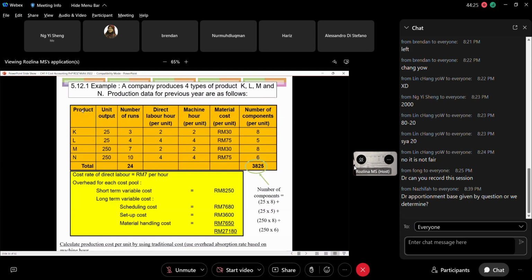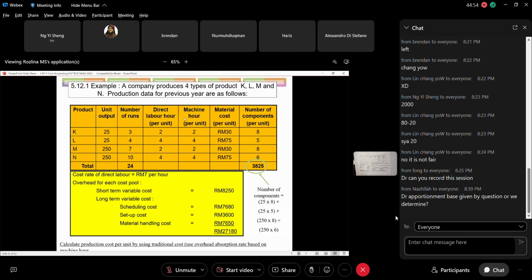You have 4 types of product, K, L, M, N. And then you have the unit output for product K, L, M, N, and then the number of runs, direct labor hour. Sorry, this one is not cost, it is direct labor hour. So that means this is hour per unit: 2 hour per unit, 4 hour per unit, 2 hour and 4 hour per unit.